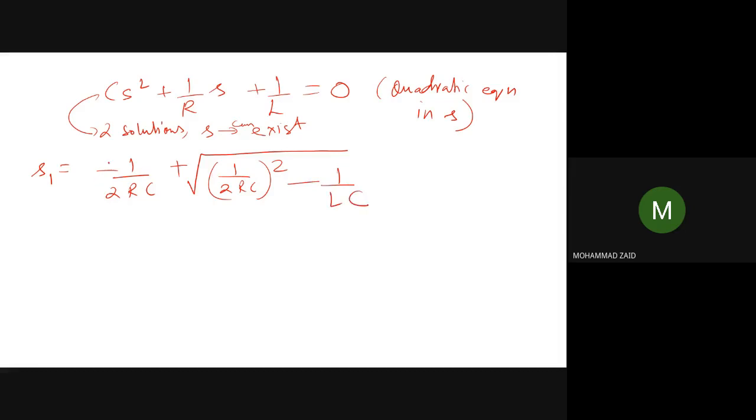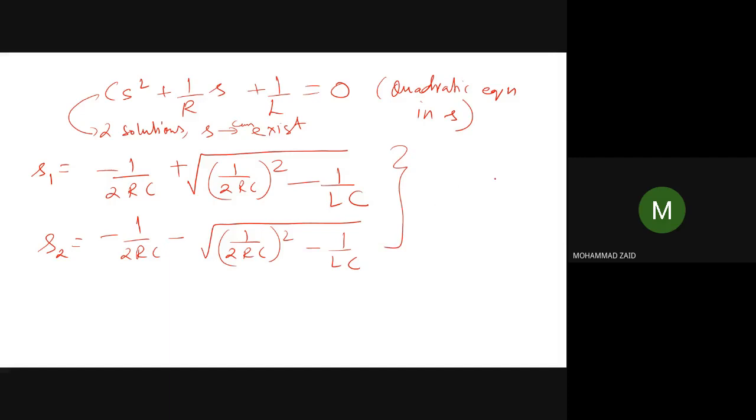S1 is minus 1 upon 2RC plus under root (1 over 2RC)² minus 1 over LC. And s2 is minus 1 over 2RC minus under root (1 over 2RC)² minus 1 over LC. So these are two different values, s1 and s2.